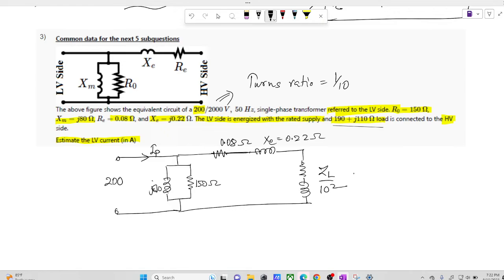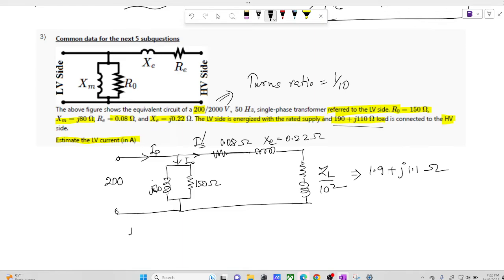So what will be the value of the load now in the low voltage circuit? That will be 1.9 plus j1.1 ohms. So this is considered as I_s dash and this is I no load.